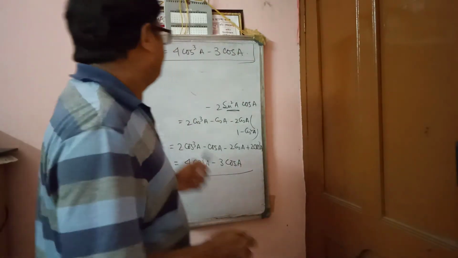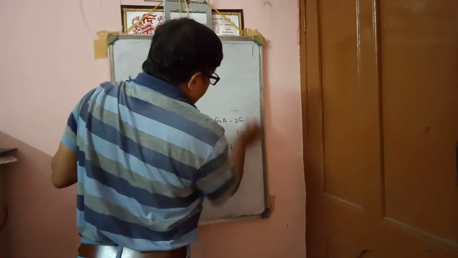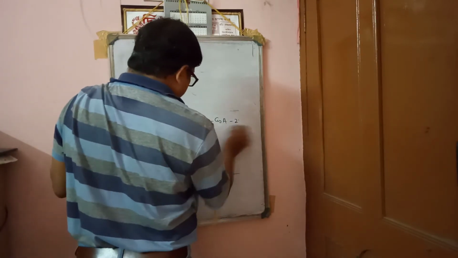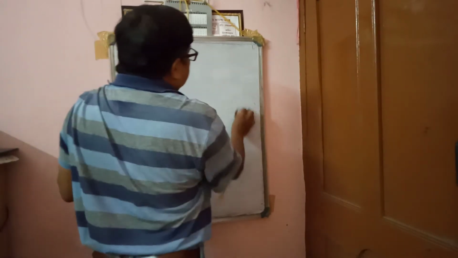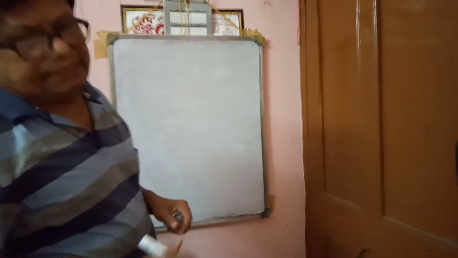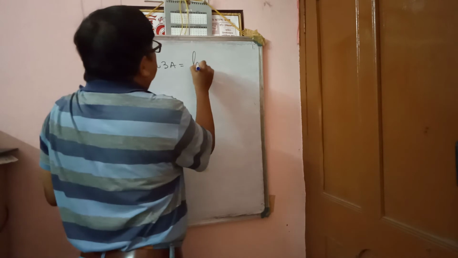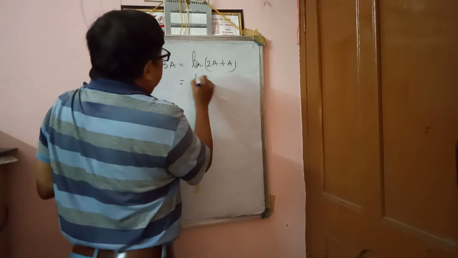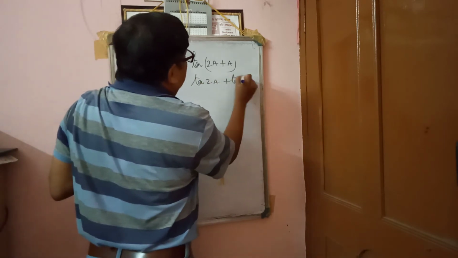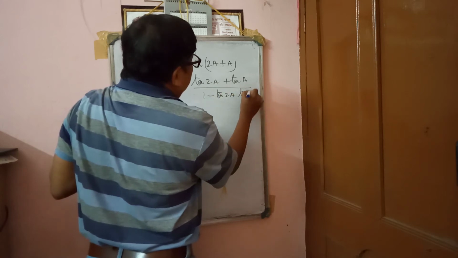Now again in a similar way, tan 3A. You can write tan 3A as tan (2A plus A). So tan (A plus B) is (tan 2A plus tan B) by (1 minus tan 2A into tan A).